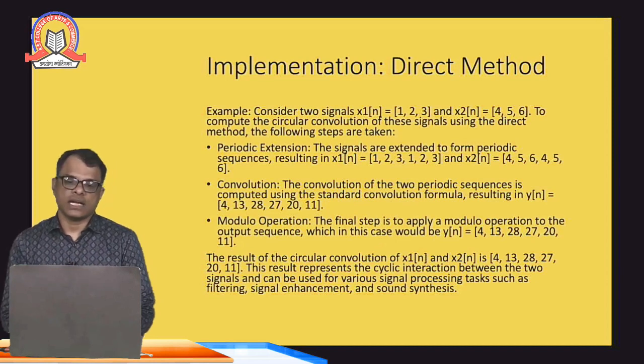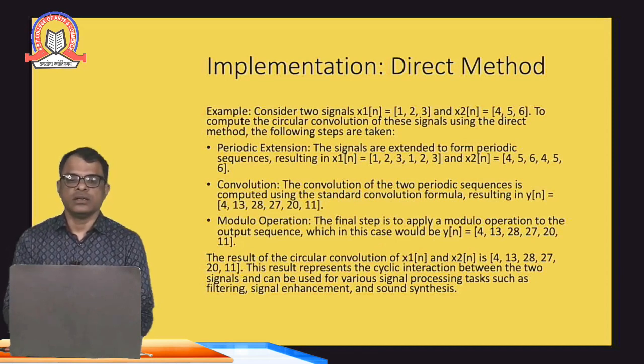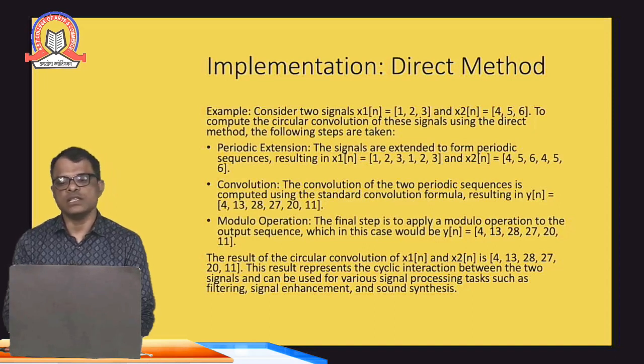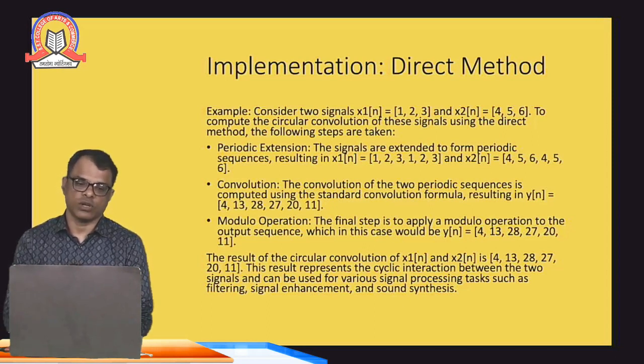Here is one example related with the direct method. Consider two signals. First signal is 1, 2, 3 and the second signal is 4, 5, 6. To compute the circular convolution of these signals using the direct method, the following steps you can use. First is periodic sequencing.